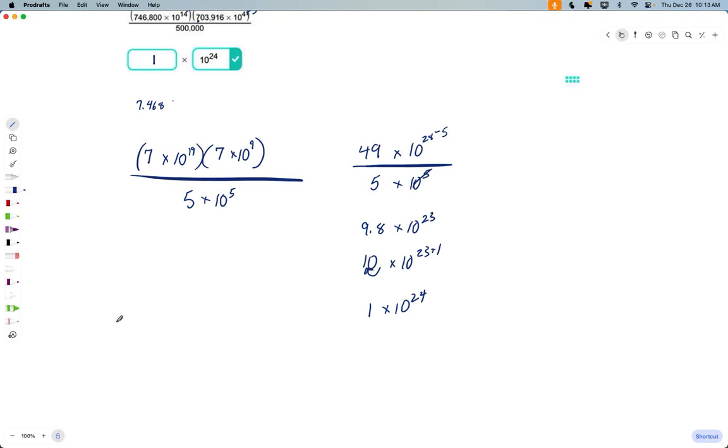Okay. All right, if we had estimated this, right, and moved this over, that would be 4.9 times 10 to the 29th power. This would have been rounded to 5.